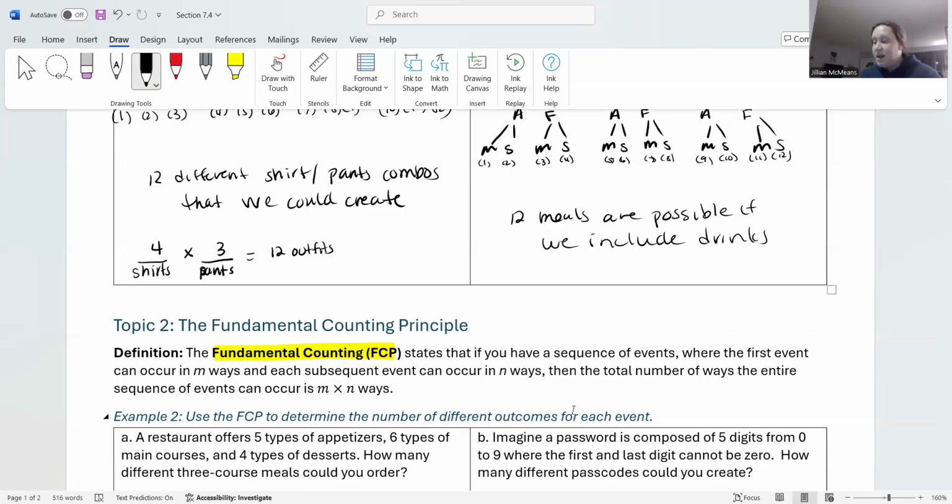Again, each event occurs in a certain number of ways. The shirts have a certain number of possibilities, the pants have a certain number of possibilities. If we multiply the possibilities for each, we get all the different sequences that we could create out of those two events.